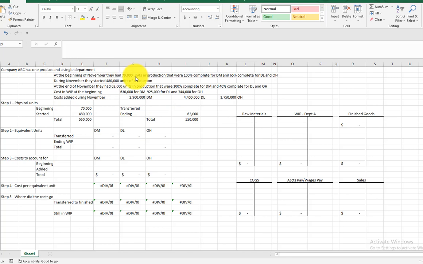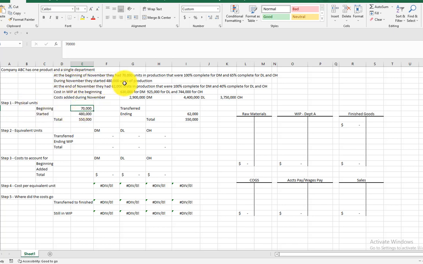So at the beginning of November, they had 70,000 units in production. They were 100% complete for direct materials and 65% complete for direct labor and overhead. So we know from that statement that there are 70,000 units in beginning work in process. So in step one, our physical units, knowing where they are, we need to know how much we had in beginning.